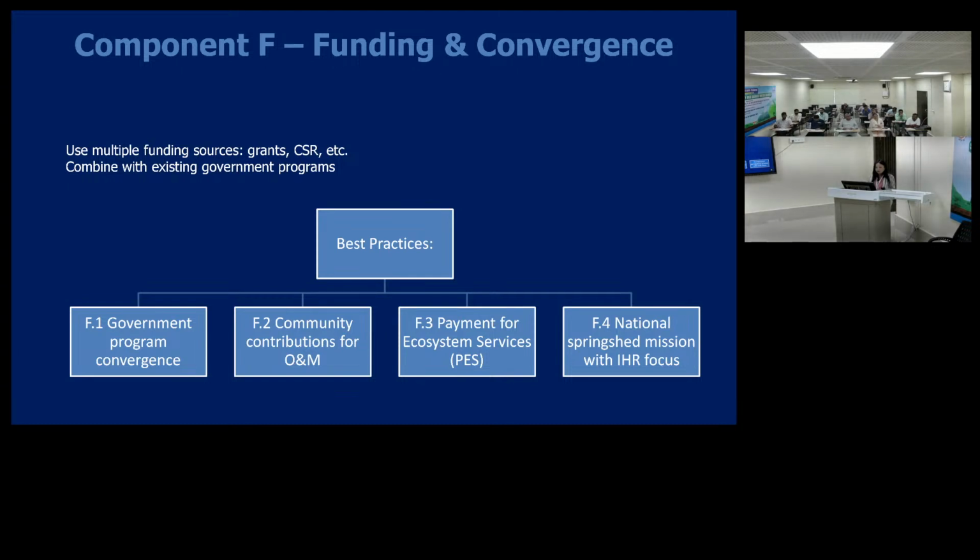We can use multiple funding sources like grants or CSR, and we can combine them with existing government programs. So these funds can be used for the recharge interventions. The best practices are government program convergence, community contribution, payment for ecosystem services, and a national springshed mission with an IHR focus.